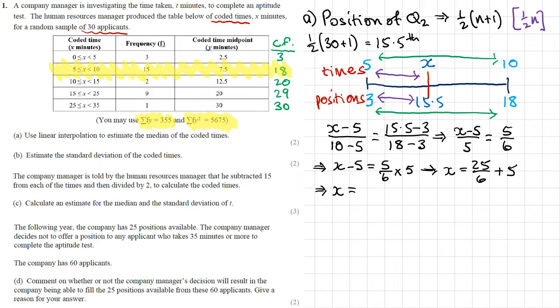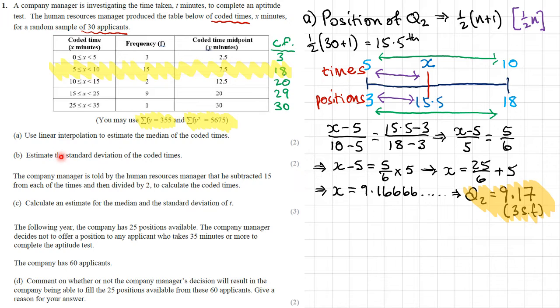So using the S-D button, that is 9.1666, and so on like that. We want to give the answer to 3 significant figures. So my estimate for Q2 is going to be 9.17, okay, and that's rounded to 3 significant figures. Okay, so we've done part A.